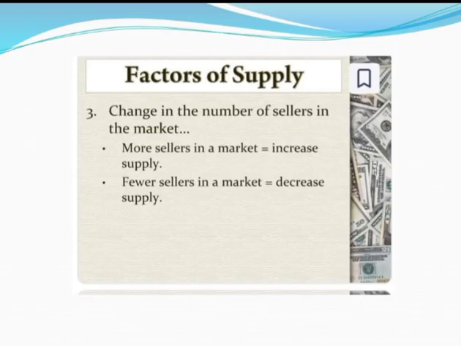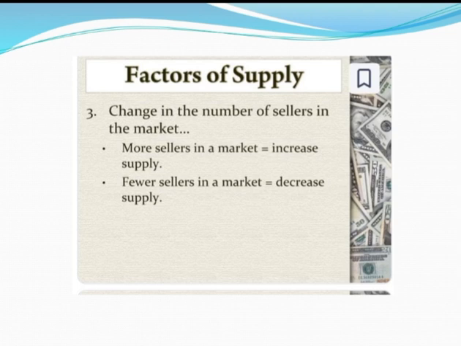Number three, changes in the number of sellers in the market. See, more sellers in the market means an increase in supply, and fewer sellers in the market means a decrease in supply. Suppose there are 100 sellers in a particular market and they sell more quantity when needed.